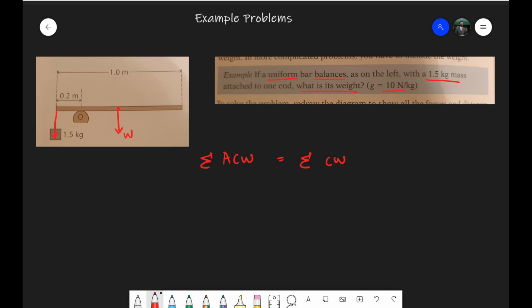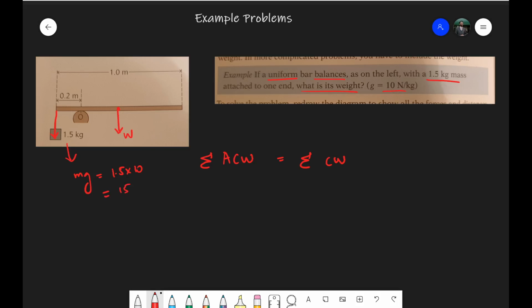Now the first thing to realize is that you have been given the mass, not the force. So in order to find moments, you should turn this into force, and that is the weight of this particular object. Since this object is 1.5 kg, you can find the weight using the equation mass times gravity, which is 1.5 multiplied by 10.